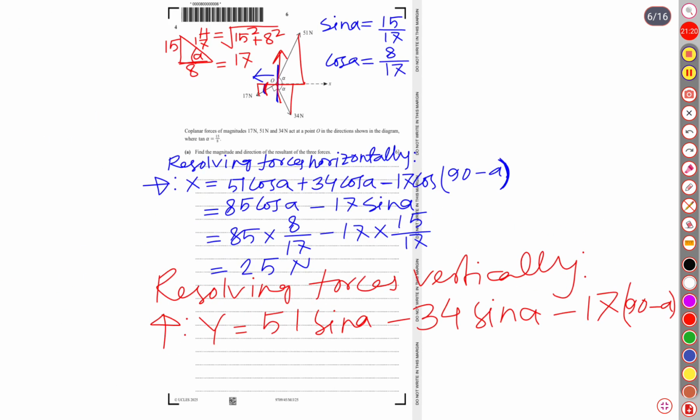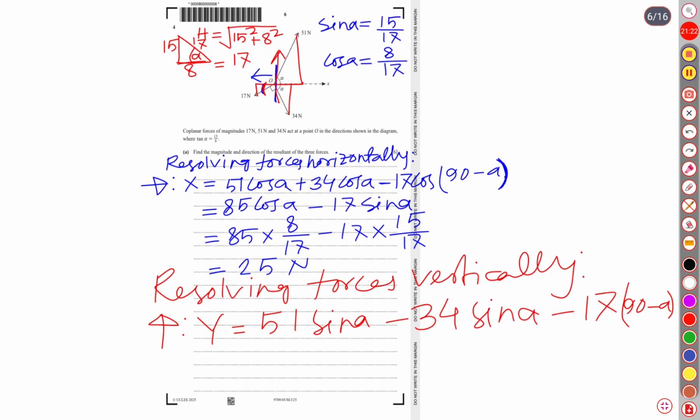After that we are going to substitute the values, or let us expand this. So 51 minus 34 is 17, 17 sine alpha.